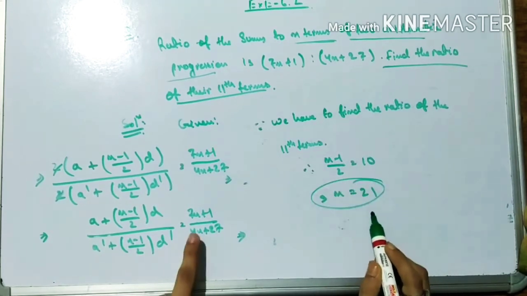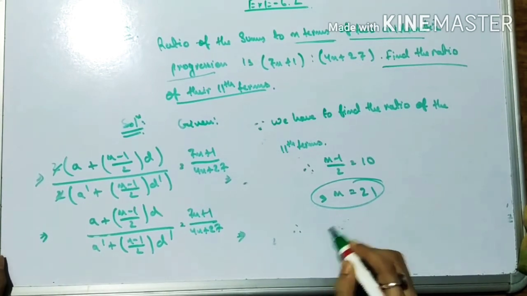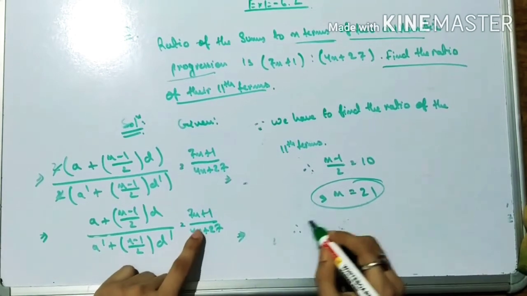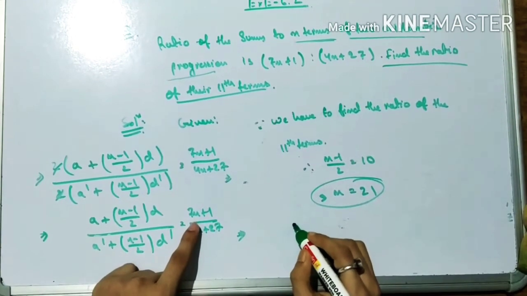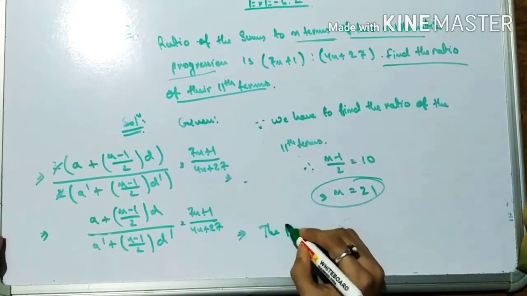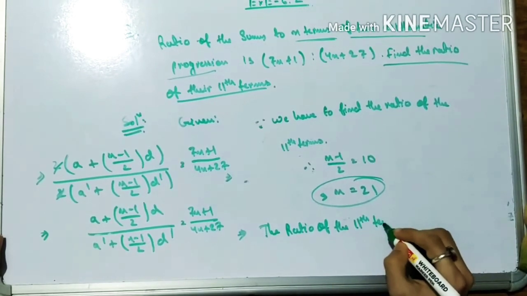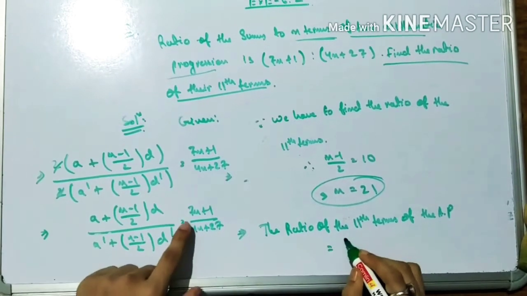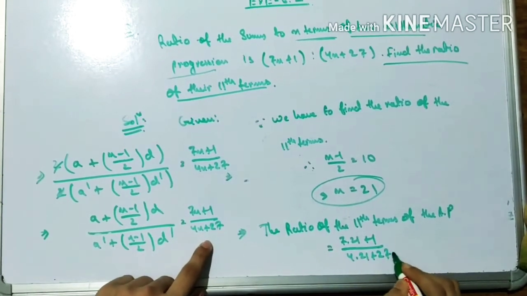This n value 21 I will directly put in here. Understand? So therefore, the ratio of the 11th terms of the AP is equal to (7 into 21 plus 1) / (4 into 21 plus 27).